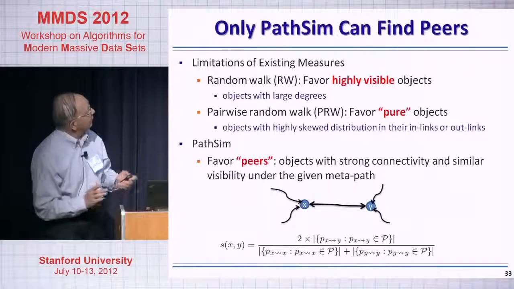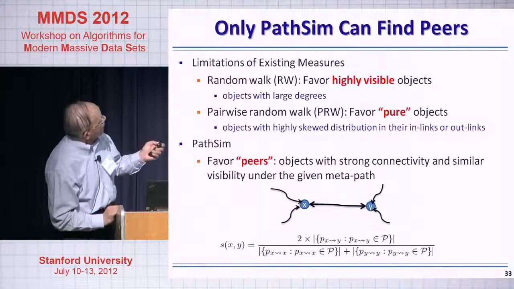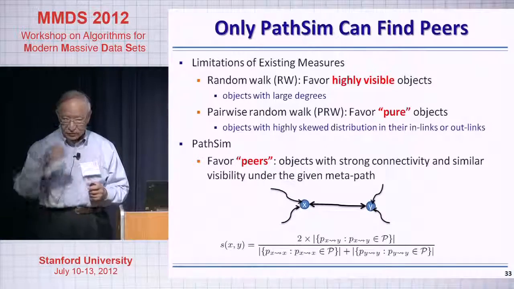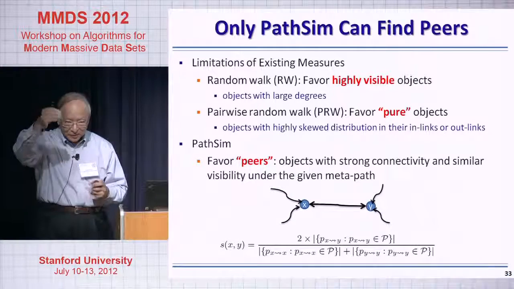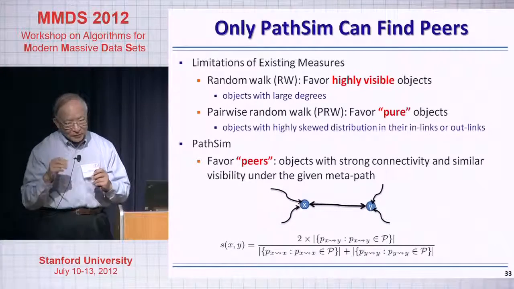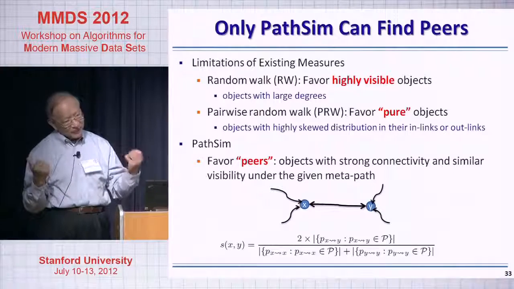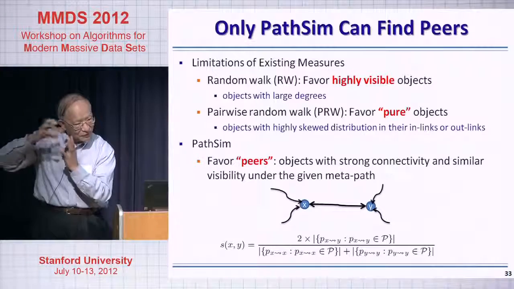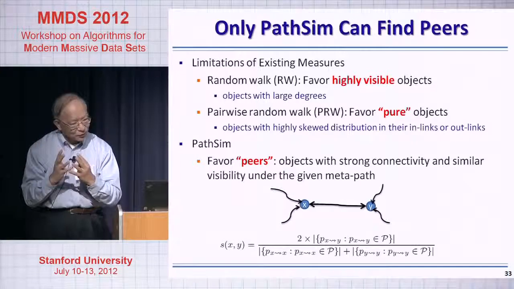Actually, we found random walk favors highly visible objects. That means if you are famous, with lots of links linked to you, then for similarity, even if you are an unknown person, you're probably more similar to these more visible ones because there are many links towards them.